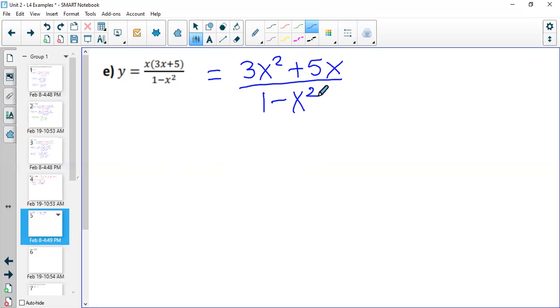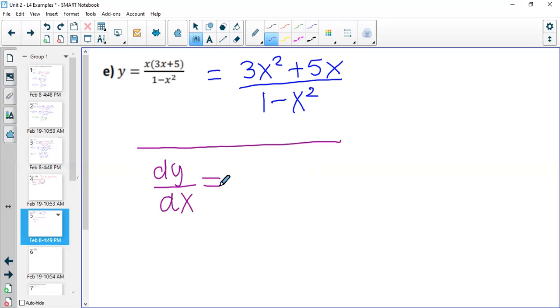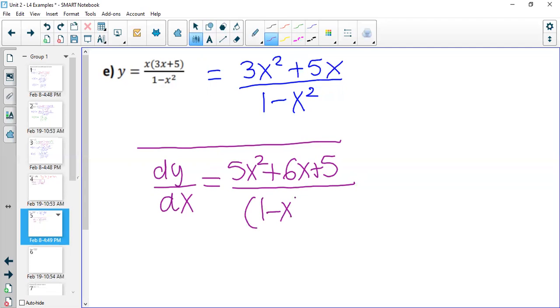So when you try this on your own, you're going to get the final answer of, we can say, dy over dx, or y prime, is equal to 5x squared plus 6x plus 5 all over 1 minus x squared, to the power of 2.